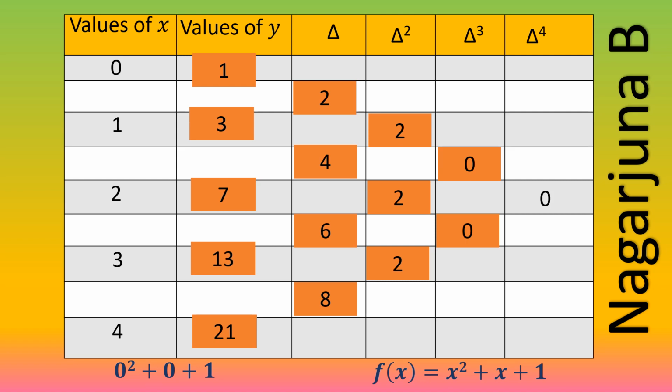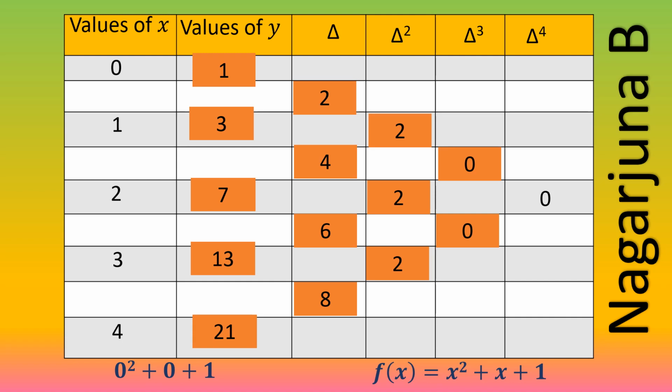And one thing you can observe, values of x are 5, values of y are 5. It means the values of x and y will be in equal number, whereas the delta, the first difference, will be 1 less than the values of y. So values of y are 5, delta will be 4. So there are 4 values. Then delta square will be 1 value less than the first difference.